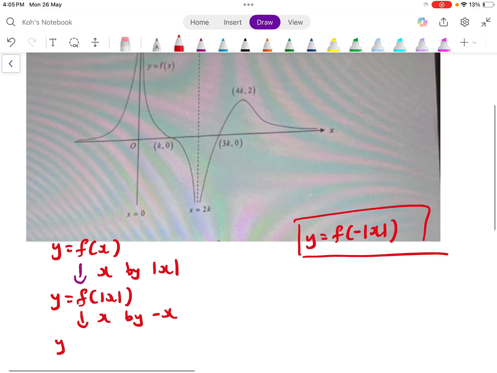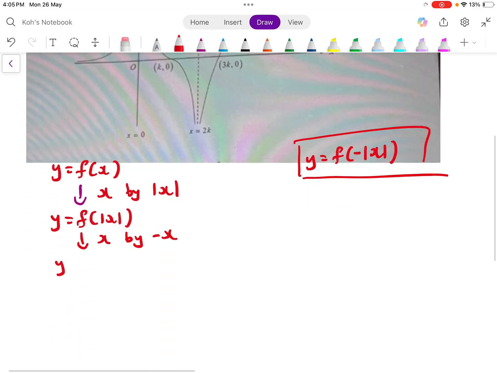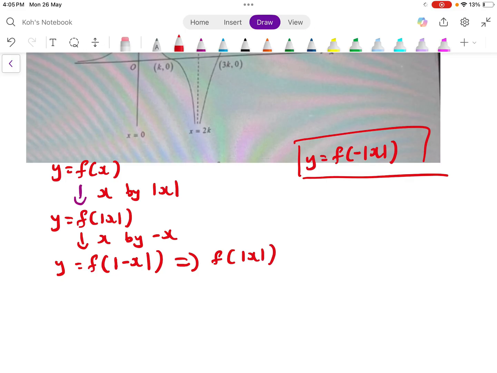If you realize one thing, because the mod is already applied, you're actually doing something like this: f(mod negative x mod). At the end of the day, you are still right here, because mod negative x will still be f(mod x). So this transformation does not work for this particular context.